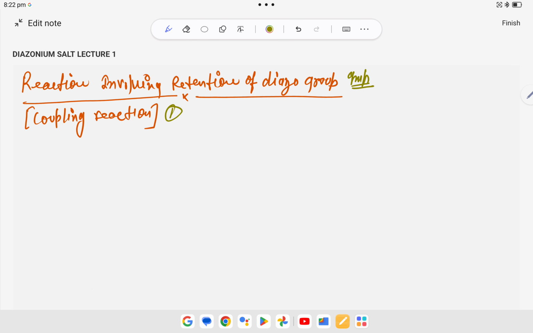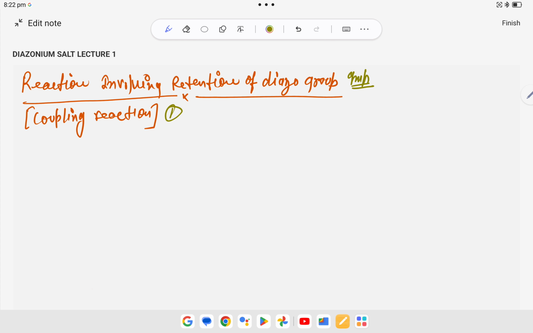By this kind of reaction we form dyes, different colored dyes with different compounds. In our syllabus we have three kinds of dyes: phenol orange dye, aniline yellow dye, and naphthol red dye. You have to learn the colors also. They will directly ask what is the color of phenol dye, of aniline dye, of naphthol dye.